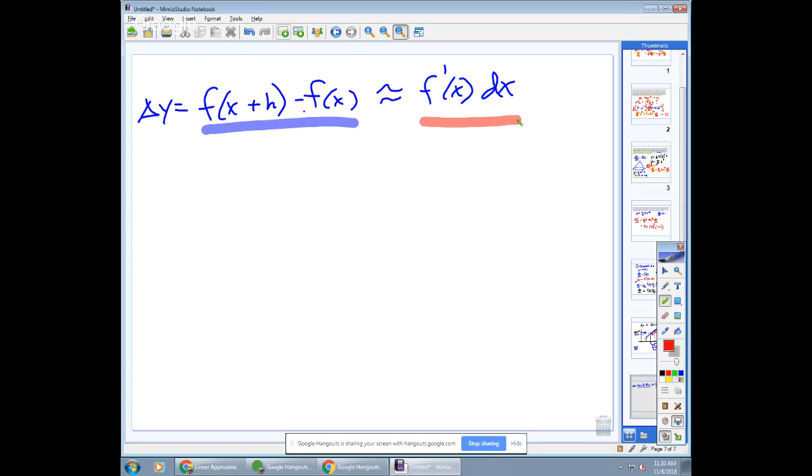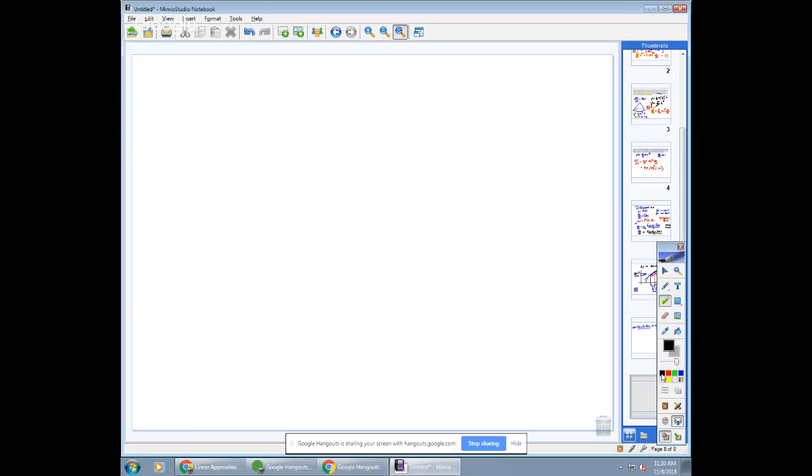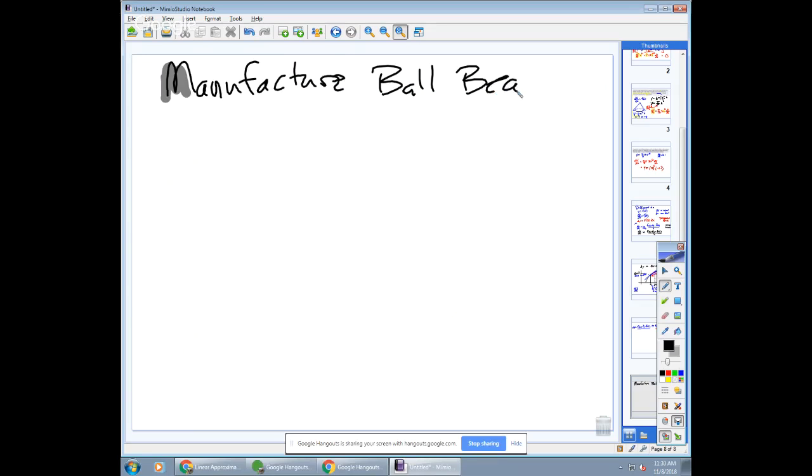All right, so right now we're going to go into the manufacturing business. And we are going to manufacture ball bearings. So a ball bearing is a little sphere. Distinguishing characteristics of that sphere, well, to figure out the size of it, we need a radius.